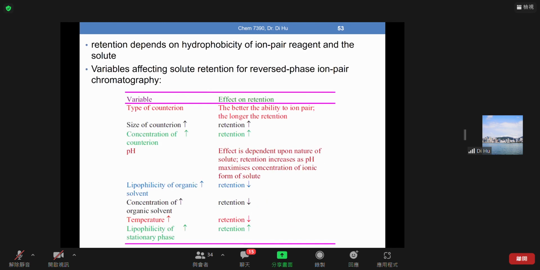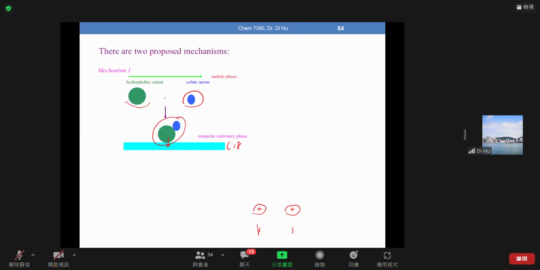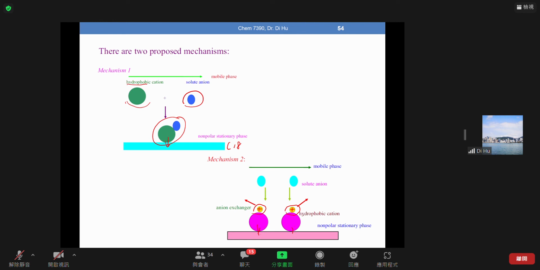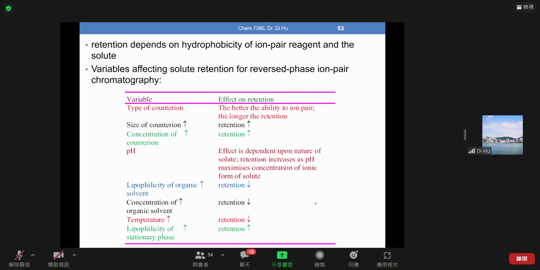So when we talk about the retention of the compound, it really depends on the hydrophobicity, how hydrophobic the ion pair reagent is, because normally it has a hydrophobic tail, right? So it depends on the hydrophobicity of the ion pair reagent and the analyte as well.